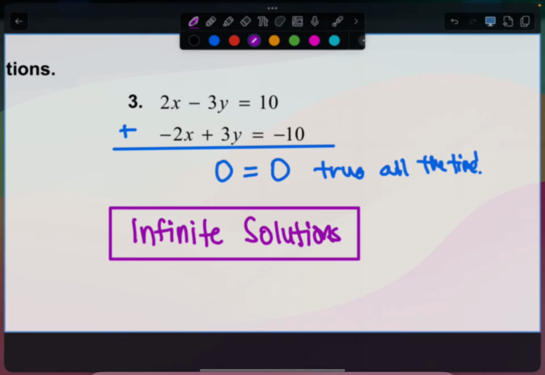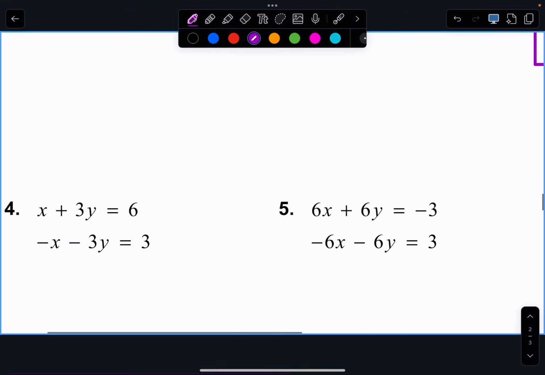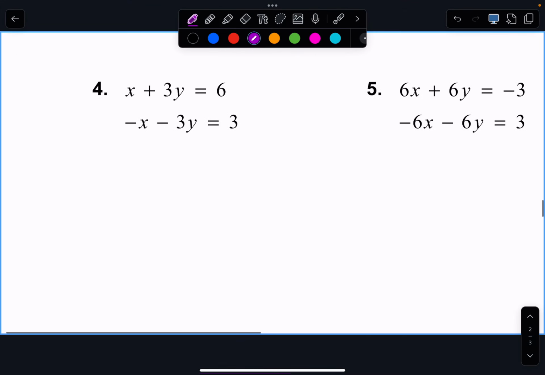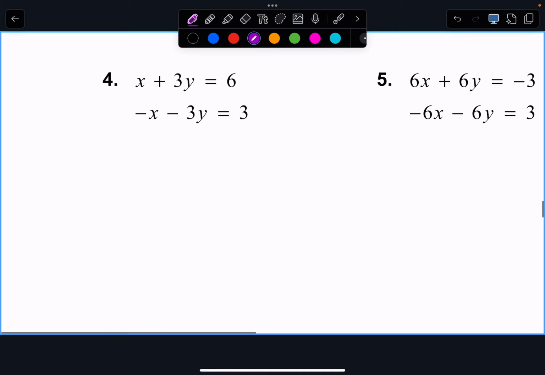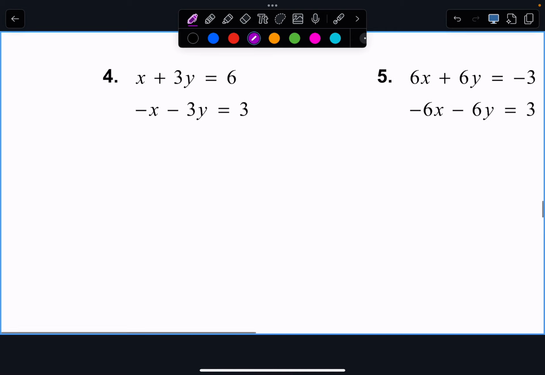All right, now let's go to number 4. Oh, this is awfully nice of them to already have our x's as opposites. We're ready for elimination, aren't we? Yes. x plus negative x, 0. 3y plus negative 3y, 0.